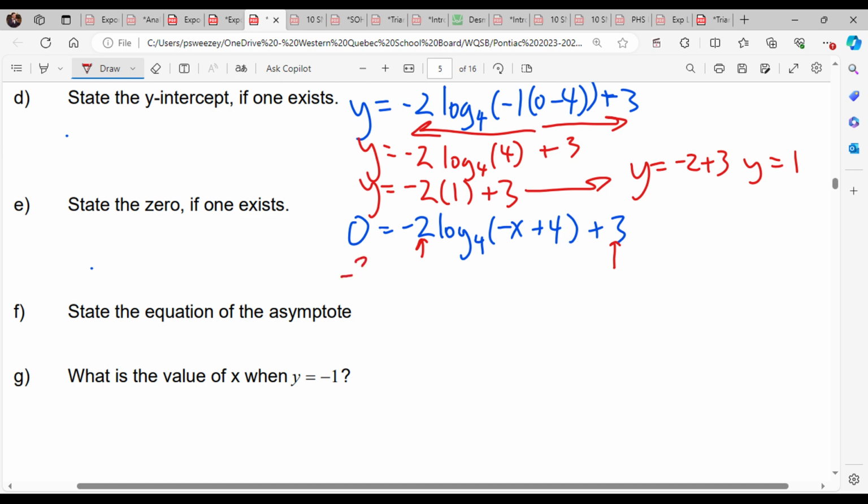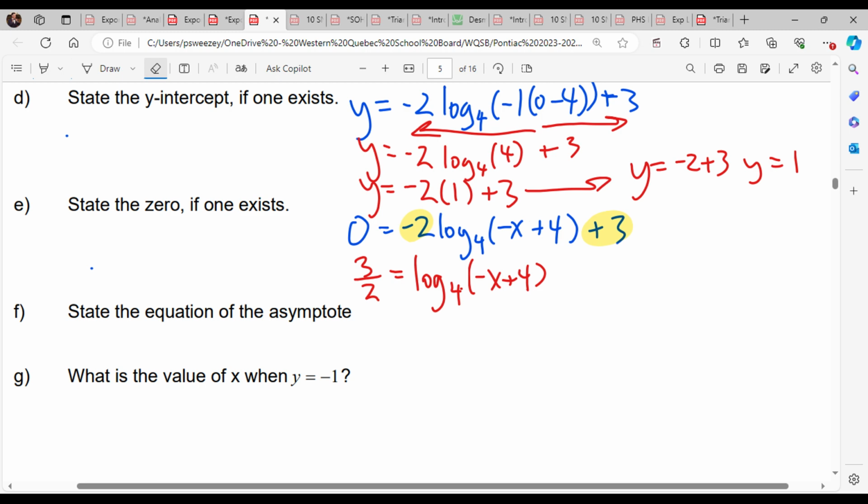Where we end up with -3 divided by -2 is equal to log 4 -x plus 4. These are our focuses in this instance. And the negative and the negative, we just basically cancel each other out. So now I got 3 over 2 is equal to log 4.